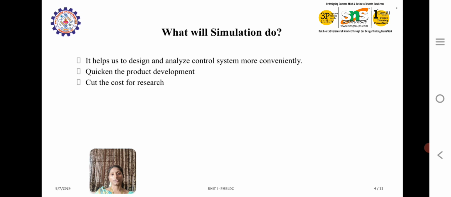It will also cut the cost of research. We can do research in two ways, either with the help of an experimental setup or with the help of simulation. Going with simulation will help us move the work faster compared to the experimental setup. So this is what simulation will do.